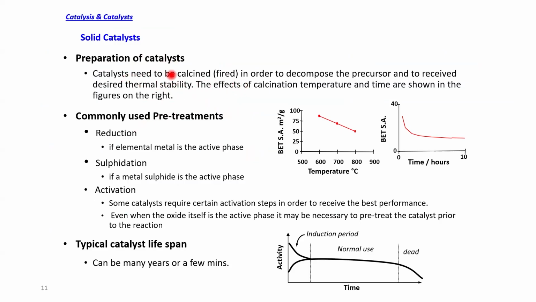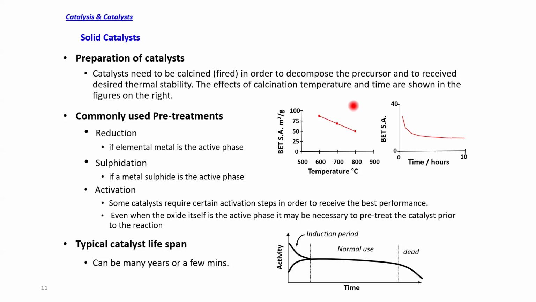The catalyst needs to be calcined, fired, in order to decompose the precursor and to receive the desired thermal stability. The effect of calcination temperature and time are shown here. They start with some precursors. You want to get X, Y, Z, so you start with X precursor, Y precursor, Z precursor, and mix them in a particular proportion. You need to see what precursor that is.